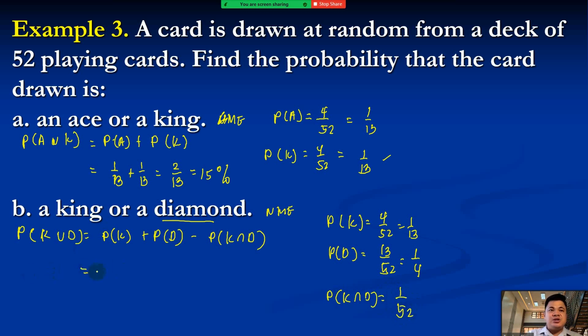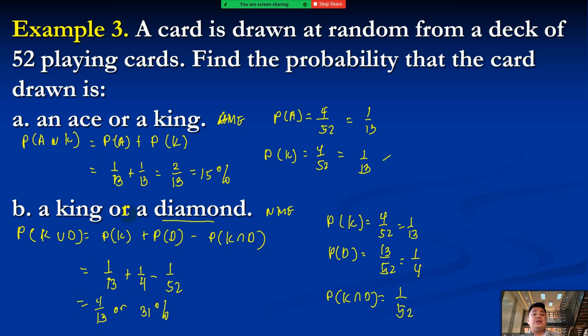Now we can substitute 1 over 13 plus 1/4 minus 1 over 52. The answer is that the probability of getting a king or a diamond is 4 over 13. Just simply use your calculator. That is 31%. Just multiply 4 over 13 by 100, and you will get 31% if you round off to the nearest whole number.